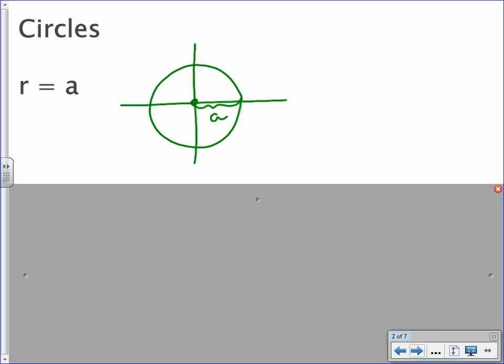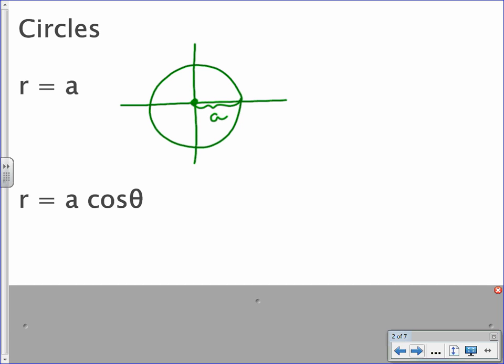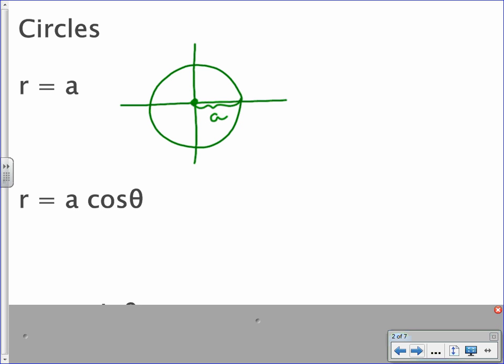Now let's talk about the circles that you graphed in section 1. If you had a number times cosine of theta, where was that circle in relation to the origin? A number times cosine of theta. Where did that circle go?